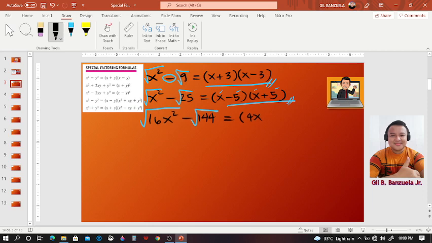Alright, so for you to be able to get the answer in a square root, you have to memorize your perfect squares table, diba? Yan, squaring tables. Then, of course, the square root of 144 is equal to 12, because 12 times 12 is 144.